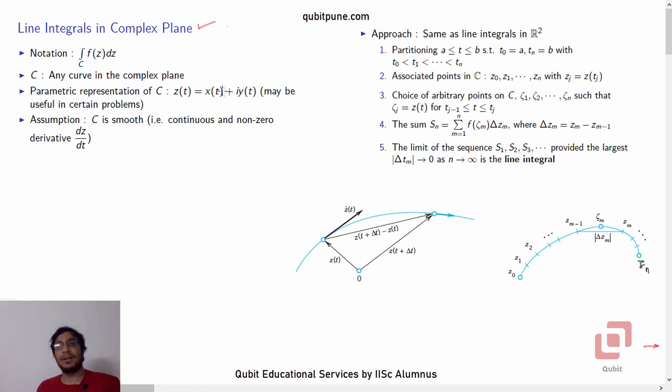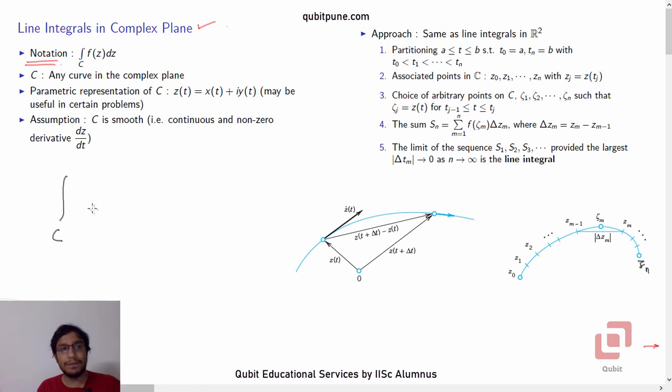We will start by understanding the notation. We are given a curve, any curve in the complex plane, which we are going to call the curve C. Usually either C or the equation of the curve is mentioned at the bottom of the integral sign.